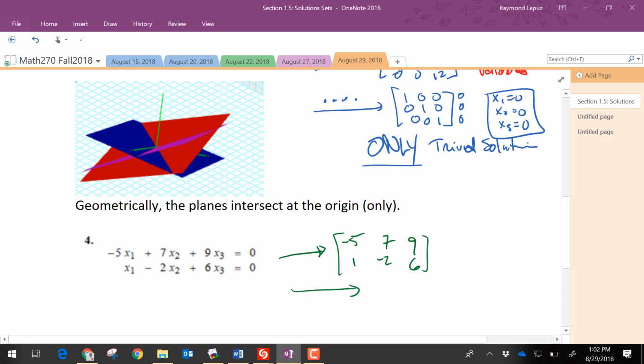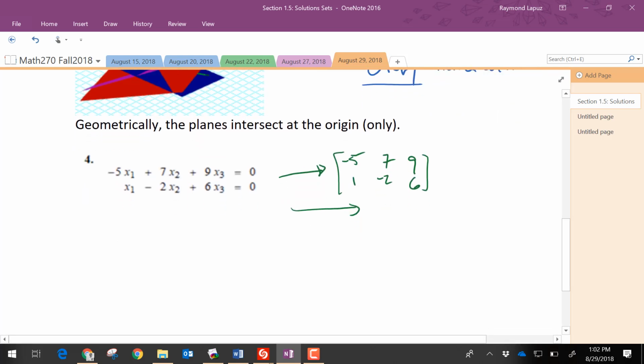So if we do a row reduction move, I'm probably going to multiply by 1/5. That's going to get some fractions, but let's do it anyway. Or maybe we could switch the rows. So let's switch R1 and R2.